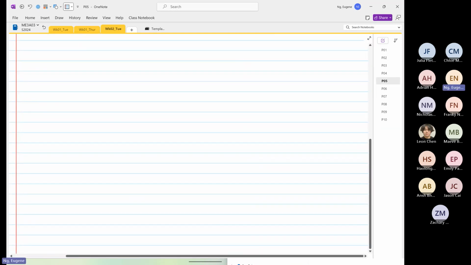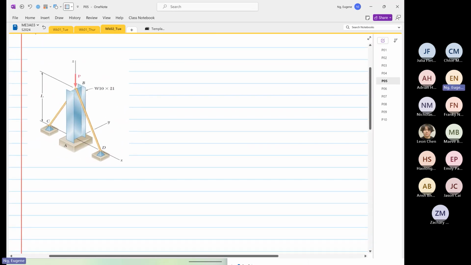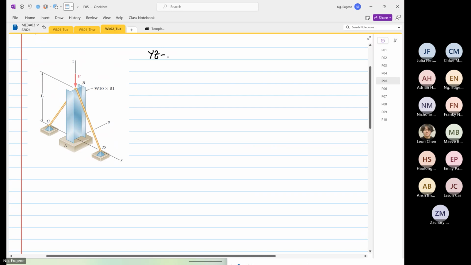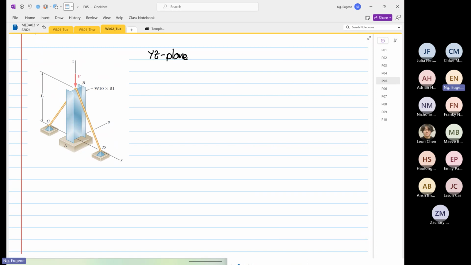The next plane that we're going to analyze is the YZ plane. So immediately you know that now the P critical is equal to pi squared E I what? Ixx, right? Like what I told you before, divided by Le squared. Okay, so now let's sketch the structure.